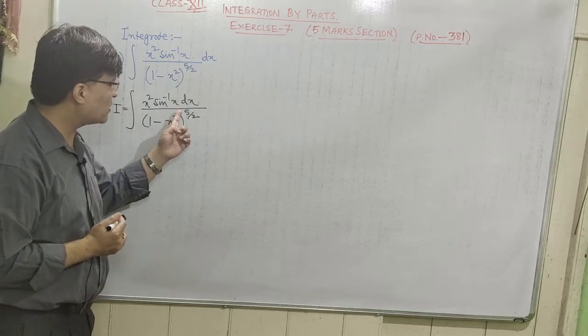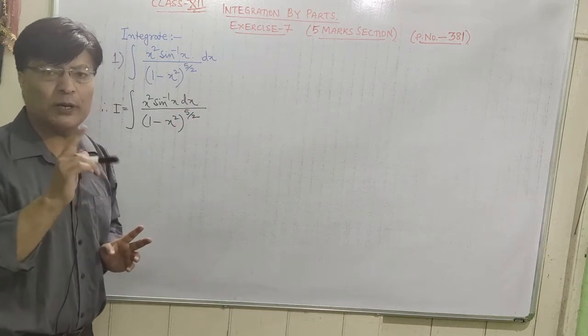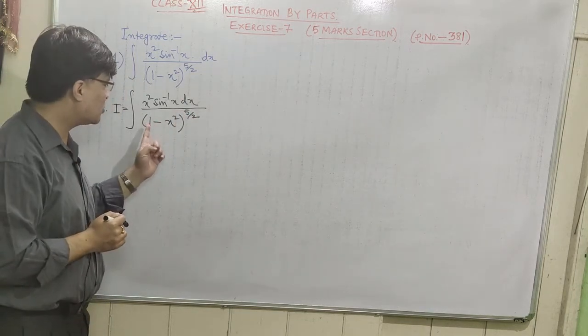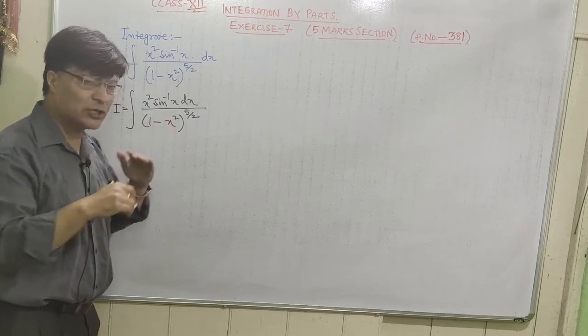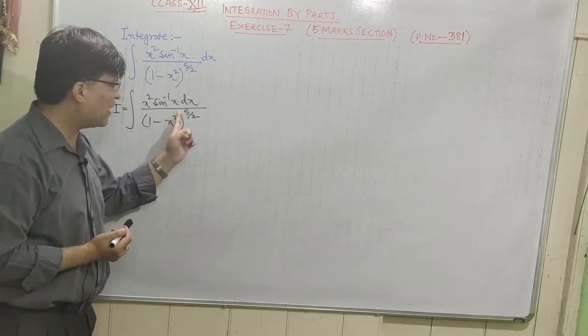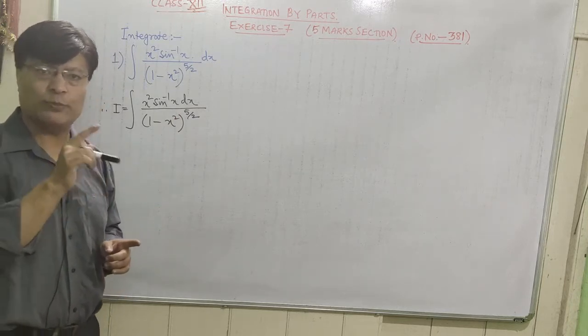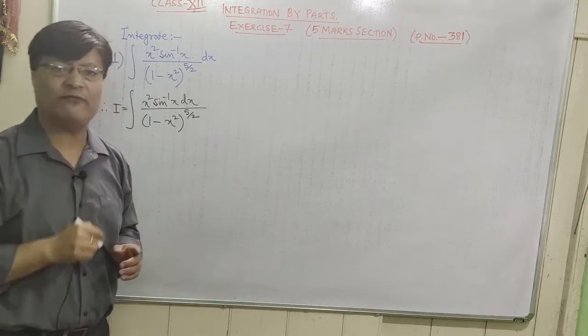So you can break this term 5 by 2. 5 by 2 can be written as 2 plus half, isn't it? Let us write this 1 minus x square in terms of whole to the power half also. So we may write 5 by 2 as 2 plus 1 upon 2. What is 2 plus 1 upon 2? 2 times 2 is 4, plus 1, 5 by 2.